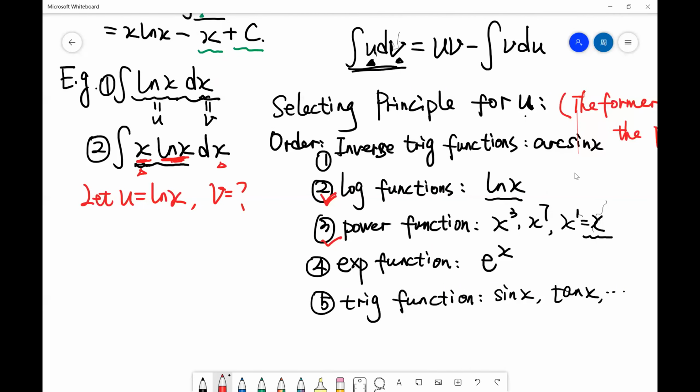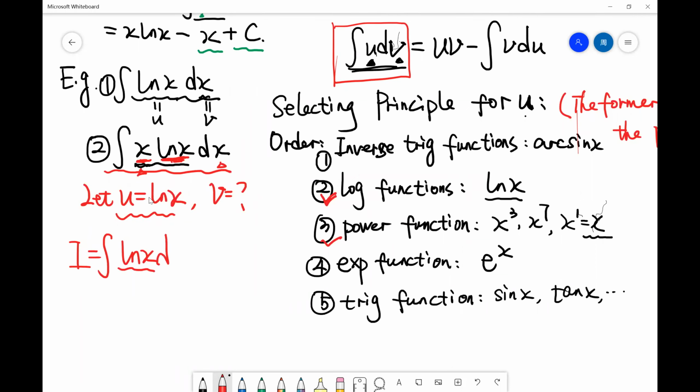No, actually no. You should rewrite the integral in the u dv type. If we let u be ln x, then u is the only integrand here, so we only have ln x there. Then the function after d is v.